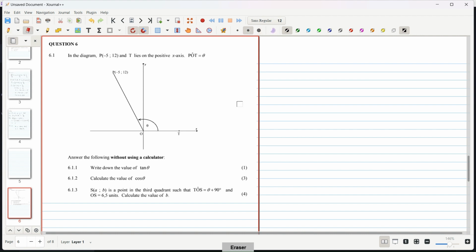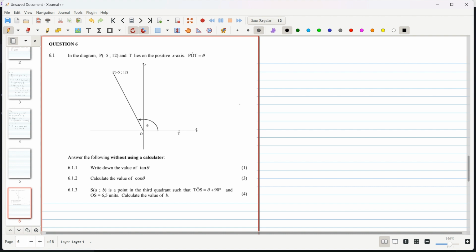This is T here. We're also given that angle POT is theta. They ask us, without using a calculator, to determine the value of tan theta.